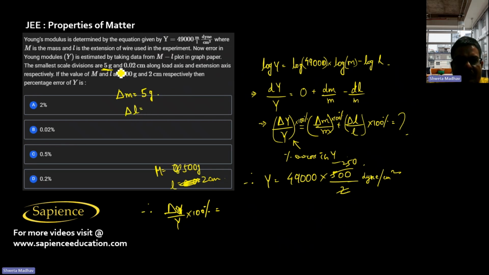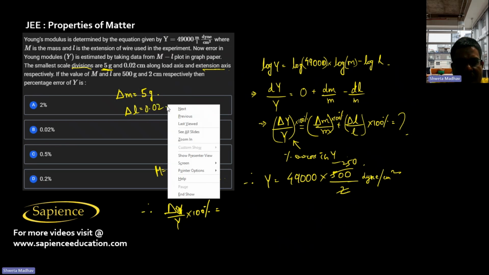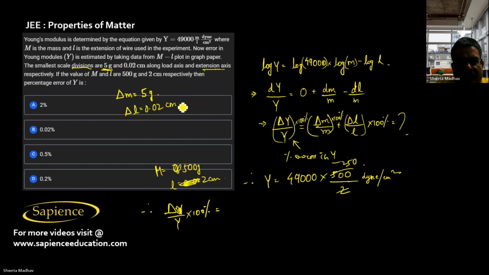Delta L, which is the smallest scale division in the extension axis, is 0.02 centimeter.